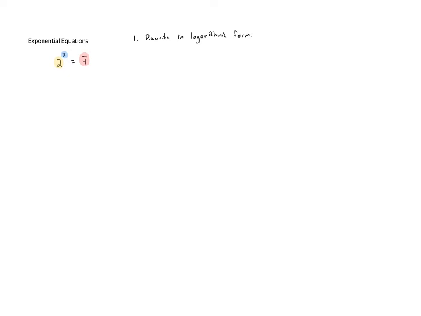So 2 to the x equals 7 is equivalent to log base 2 of 7 equals x. Remember, any exponential equation can be rearranged into a logarithm. So we've got log base 2 of 7 equals x. And if we want an exact answer, we can write x equals log base 2 of 7.